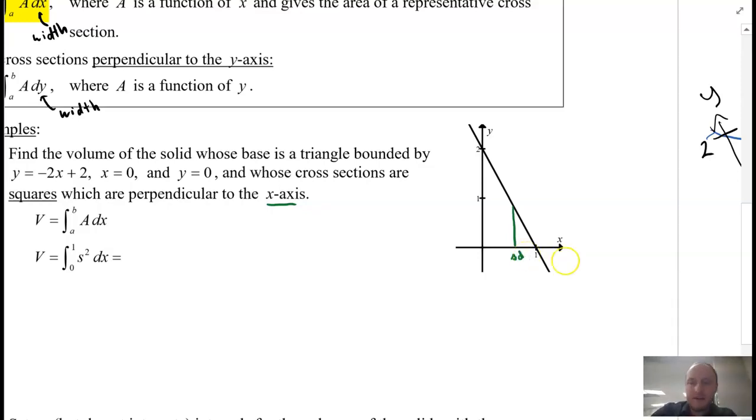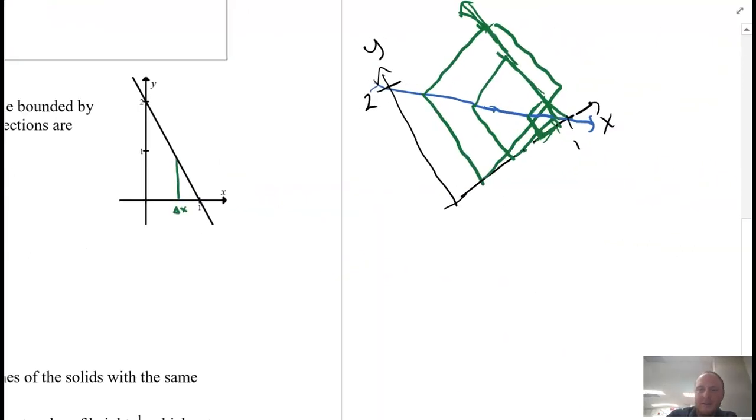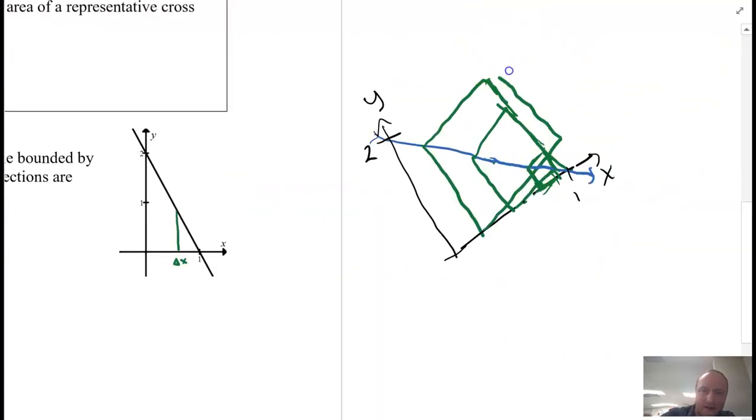Now what I need is the area of a square. If I want to calculate the area of a square, we'll just look at this one right here.